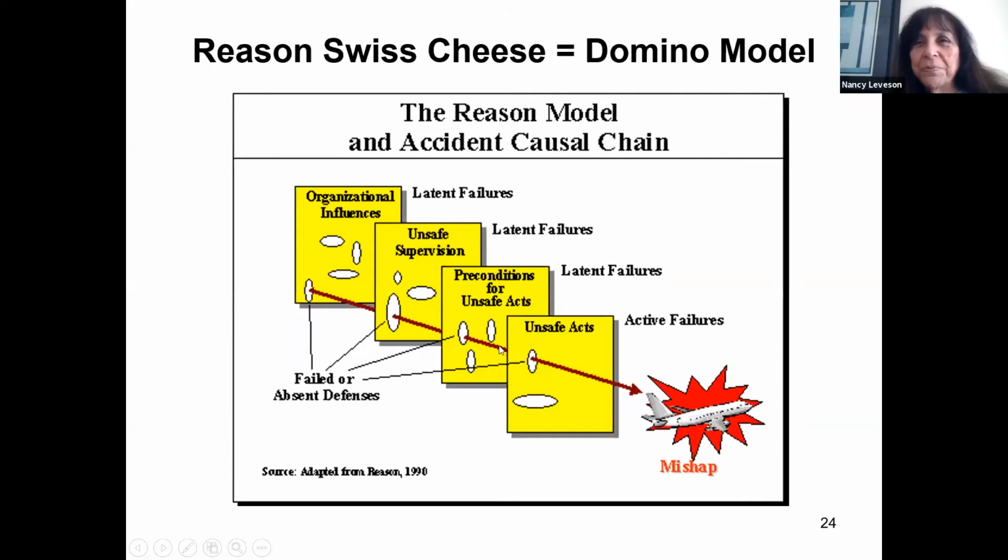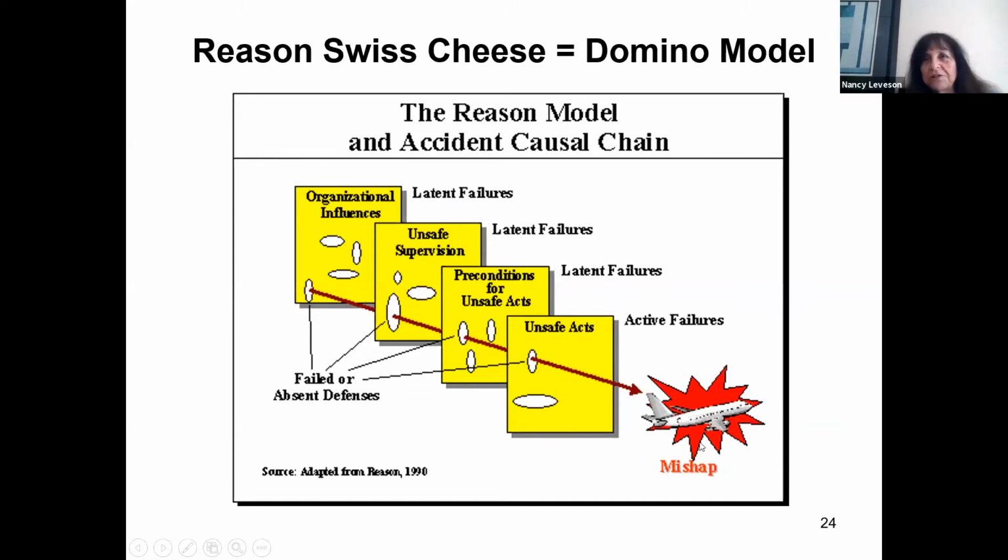The Swiss cheese model, everybody likes it. It's the exact equivalent of the domino model. Look at this. Unsafe acts. An unsafe act is a person doing something wrong. And then there were all these preconditions of why the person made the unsafe act. You know, the wings could fall off this plane.